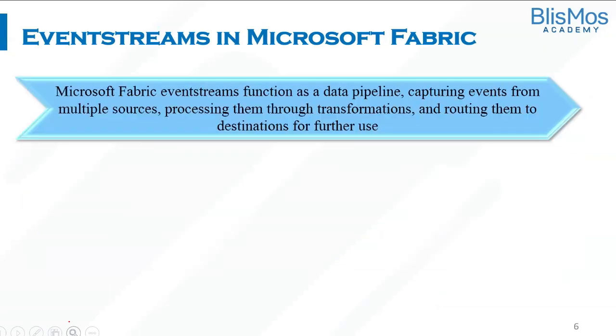Knowing a little bit more about the event stream, these event streams in a way behave as data pipelines. If you remember Data Factory, where we can construct a pipeline by joining multiple activities, here Fabric event streams are also like a data pipeline that captures events from multiple sources, subjects that data to multiple transformations, and routes it to the destination for further use.